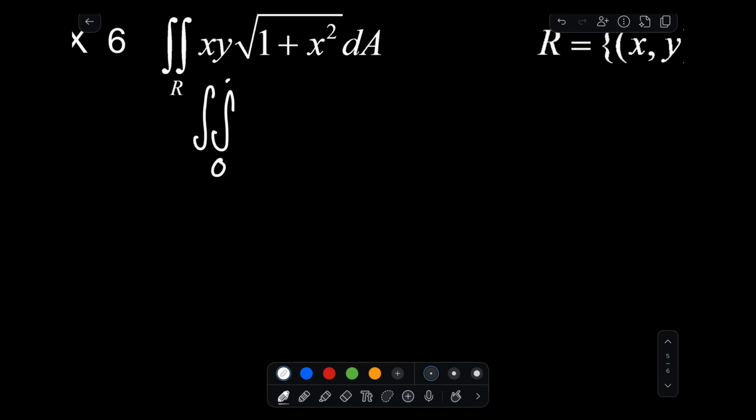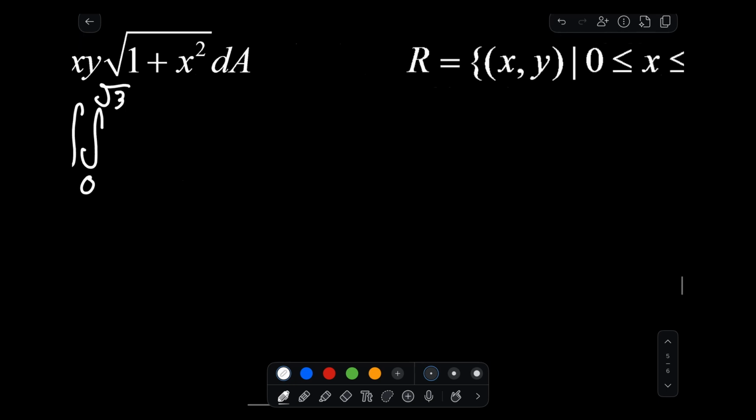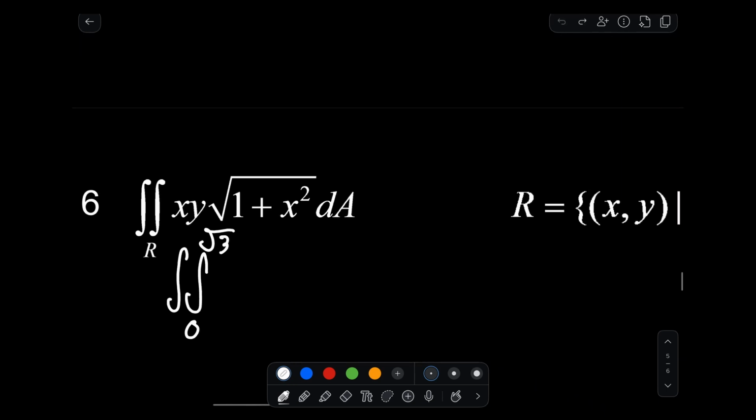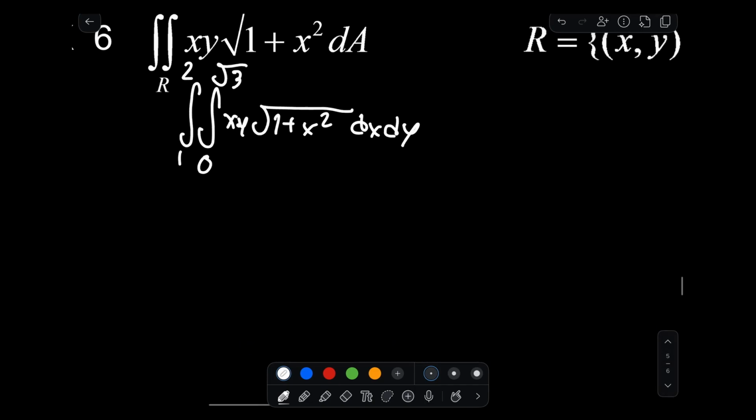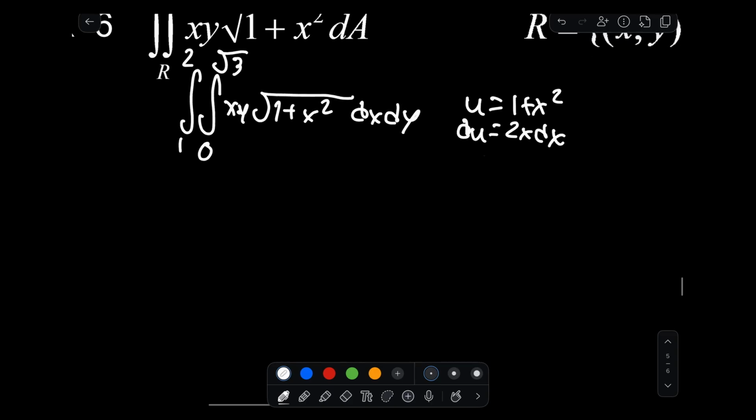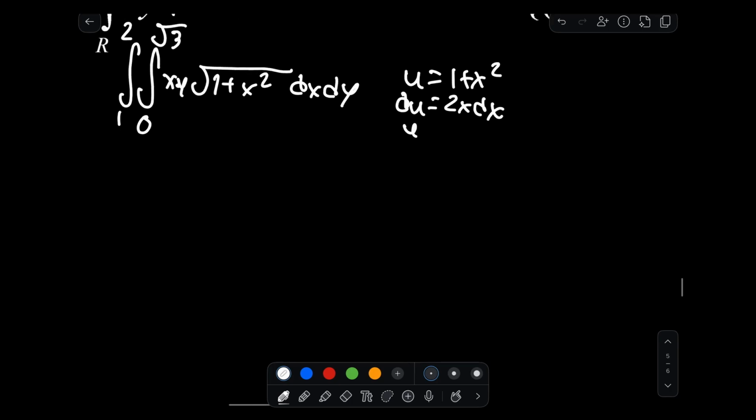So let's just write out our values first. 0 to root 3, 1 to 2 of x, y, 1 plus x squared dx dy. And let's say that u equals 1 plus x squared, du equals 2x dx. And then u of 0 equals 1, u of root 3 equals 4.